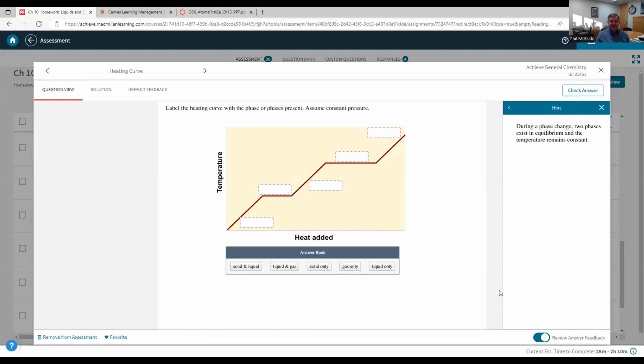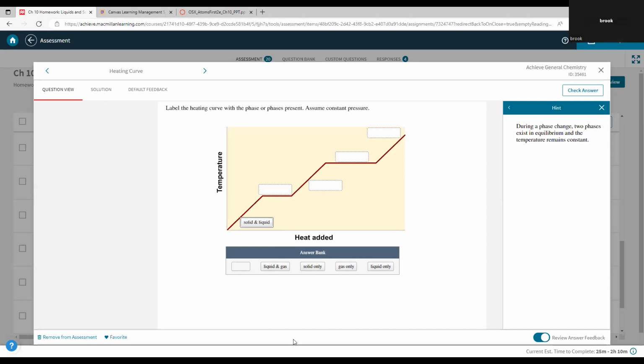All right, here is our heating curve. So tell me what pieces go where? What goes in the bottom left? Solid and liquid. What goes in this flat area?